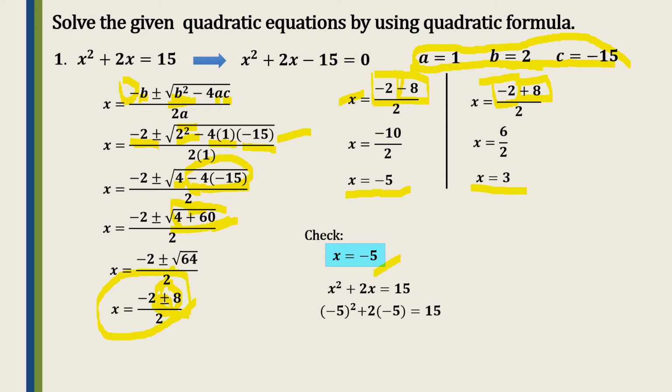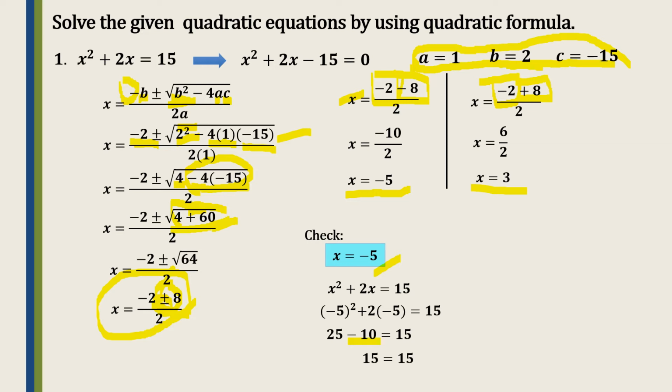We will have now negative 5 squared plus 2 times negative 5 equals 15. Negative 5 squared, the answer is 25. 2 times negative 5, the answer is negative 10. Kaya naging ganito ang equation natin. So, we have now 25 minus 10 equals 15.